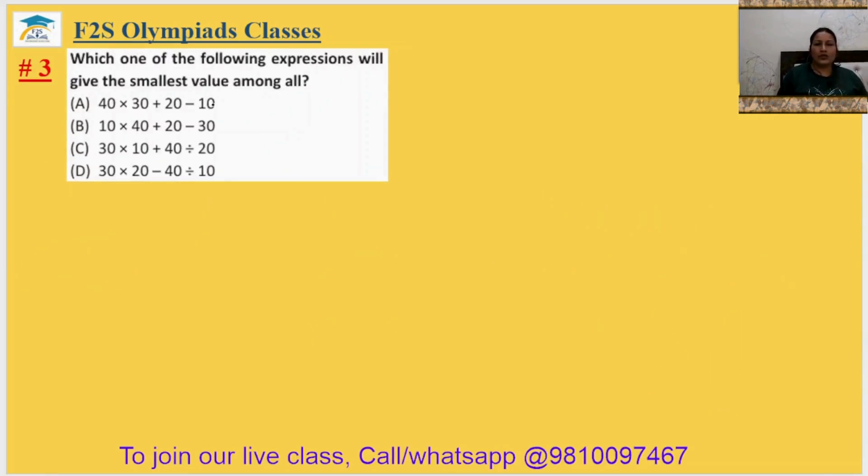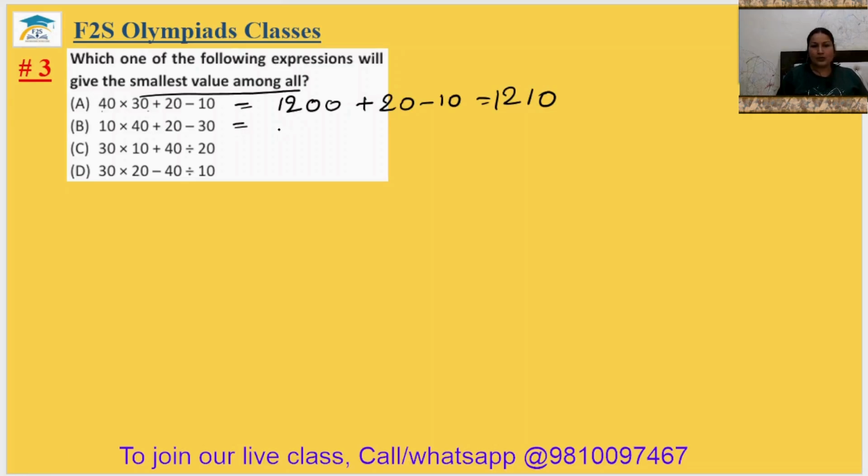Question number 3. Which one of the following expressions will give the smallest value among all? To solve this, 4 threes are 12, so this is 1200 plus 20 minus 10. So this is 1220 minus 10, which is 1210. Let's check if another is smaller.